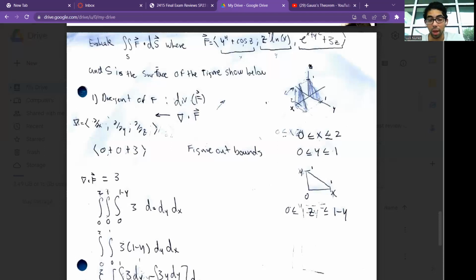Now, what does that mean? Basically, if we notice, we see a slope from the start of z to the finishing of y.